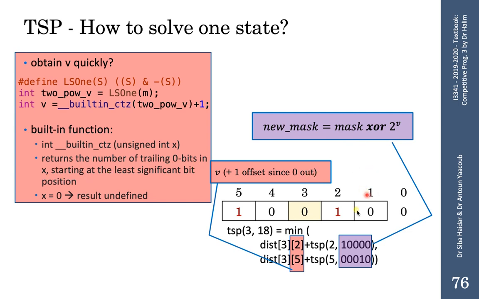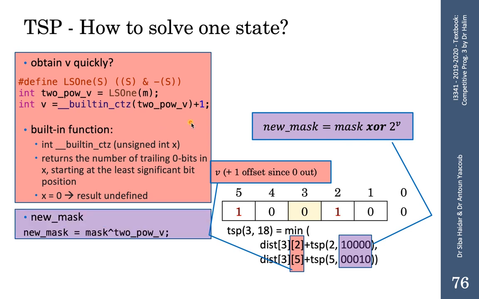So it will return how many zeros there are before the first 1. Starting from the least significant bit position, it returns how many zeros there are. So V will be the number of zeros plus 1. The new mask will be the old mask with XOR operation with 2 to the power V.